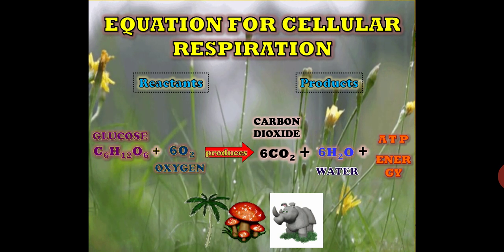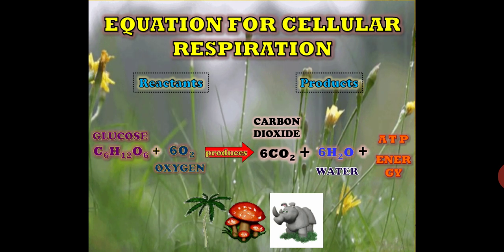So where in the cell does the cellular respiration take place? Okay, it takes place in the powerhouse of the cell, which is what we call the mitochondria. So how do chloroplast and mitochondria compare?